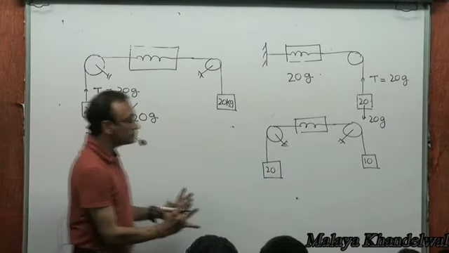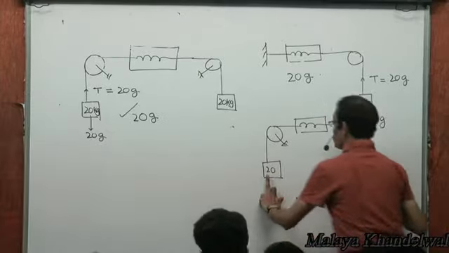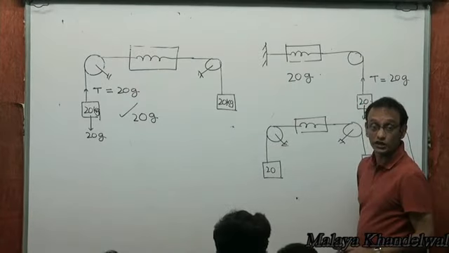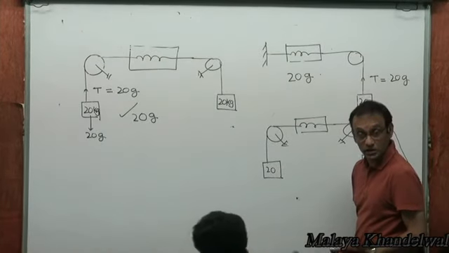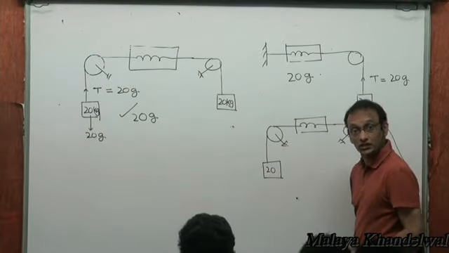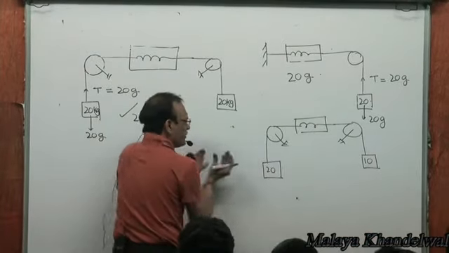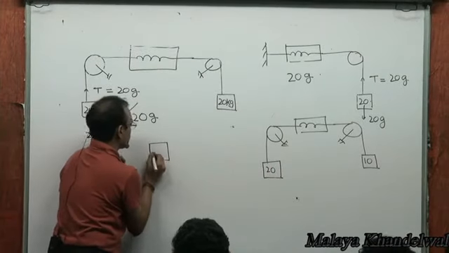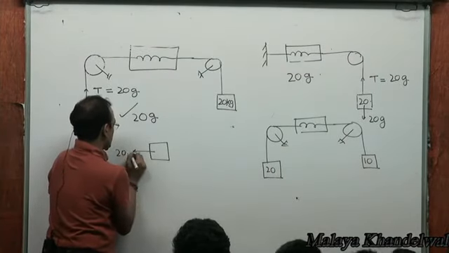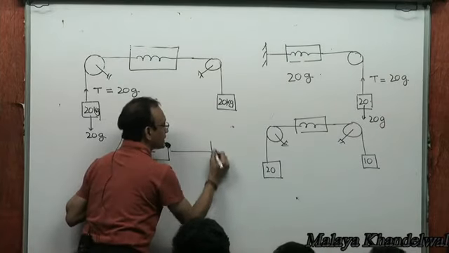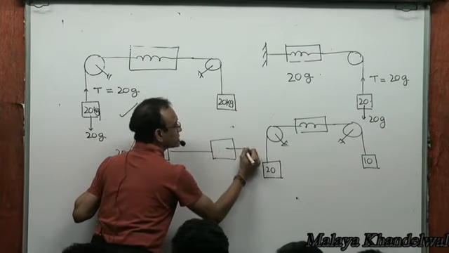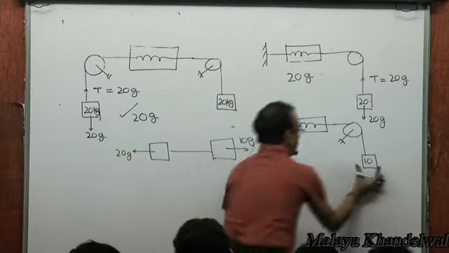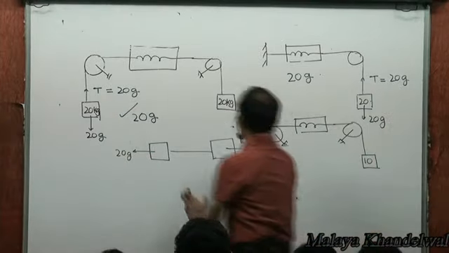Now in this case, the two masses will not be in equilibrium. They are unequal, so there is going to be an acceleration. One way to compute it is to imagine 20 G and 10 G connected like this.